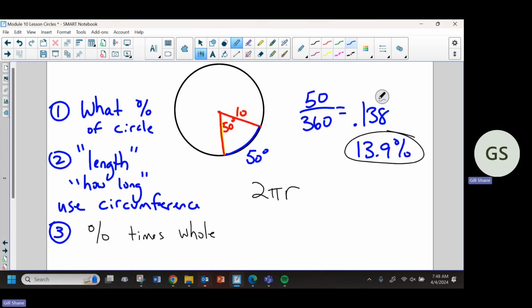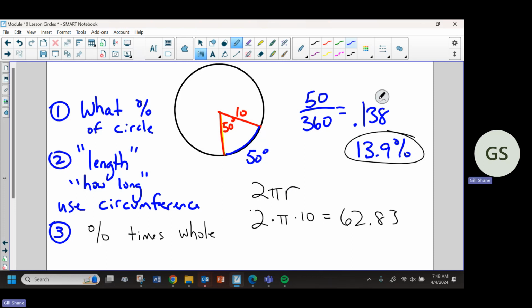Well, I know r is what? 10. I gave you the 10, right? So 2 times 10 is 20 times pi is what? And remember we said use the pi button. 62.83 is the whole circumference.